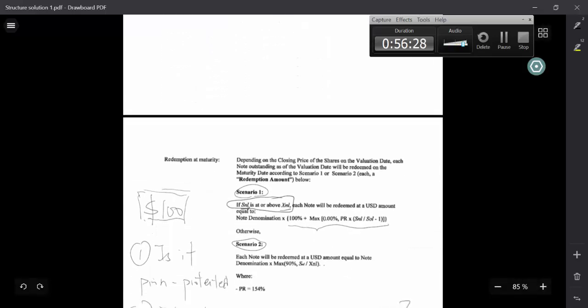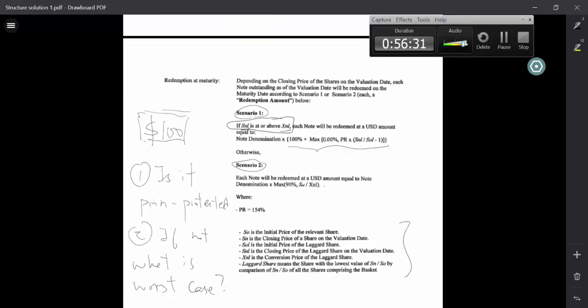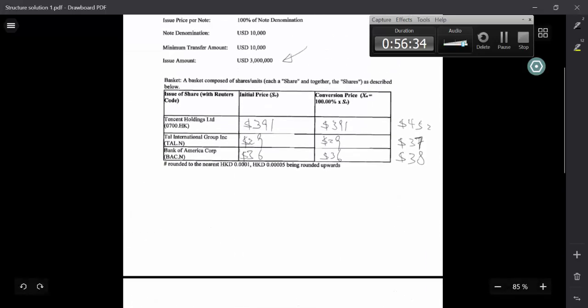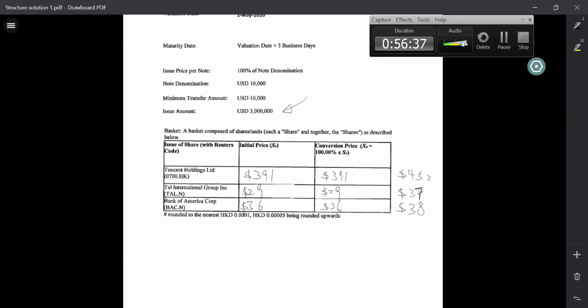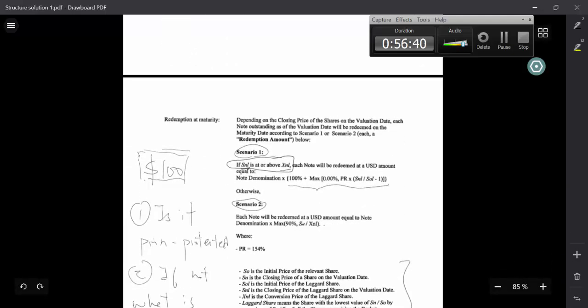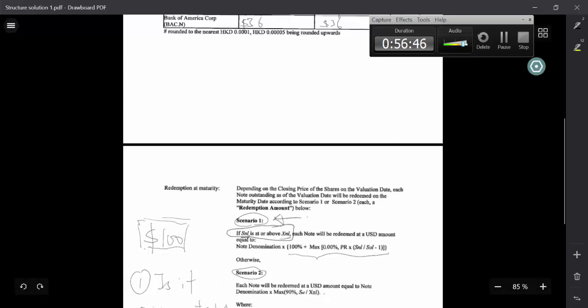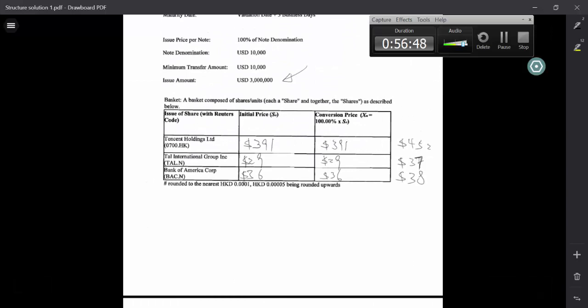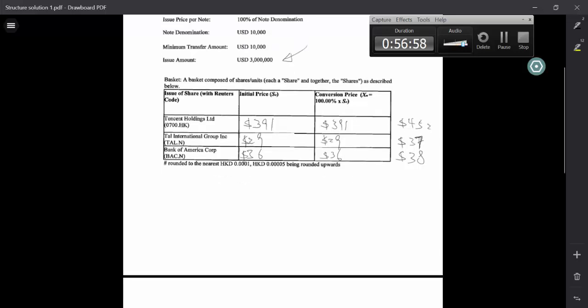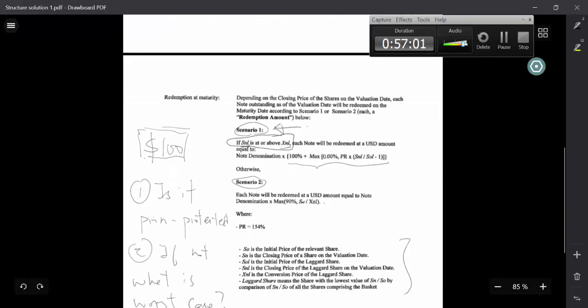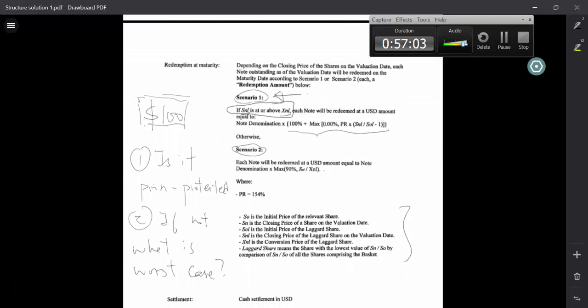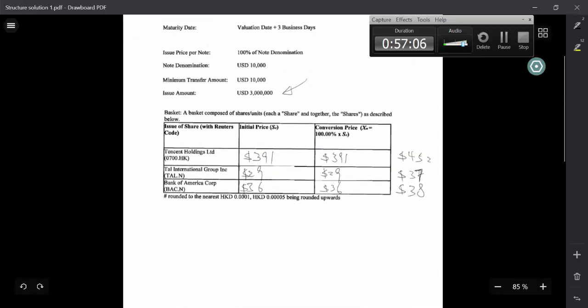Second question, although Bank of America performed the worst, did Bank of America go up? It did go up. So that would satisfy scenario one. All that means is you have a basket here and you are betting that all of them go up, and you just take the worst one. Oh, even the worst one went up. So BOA went up, what's the performance?